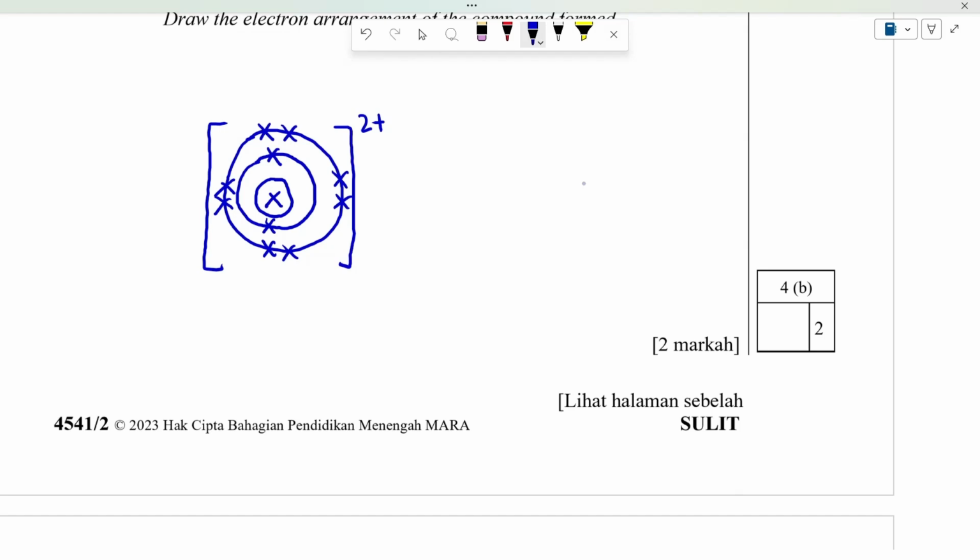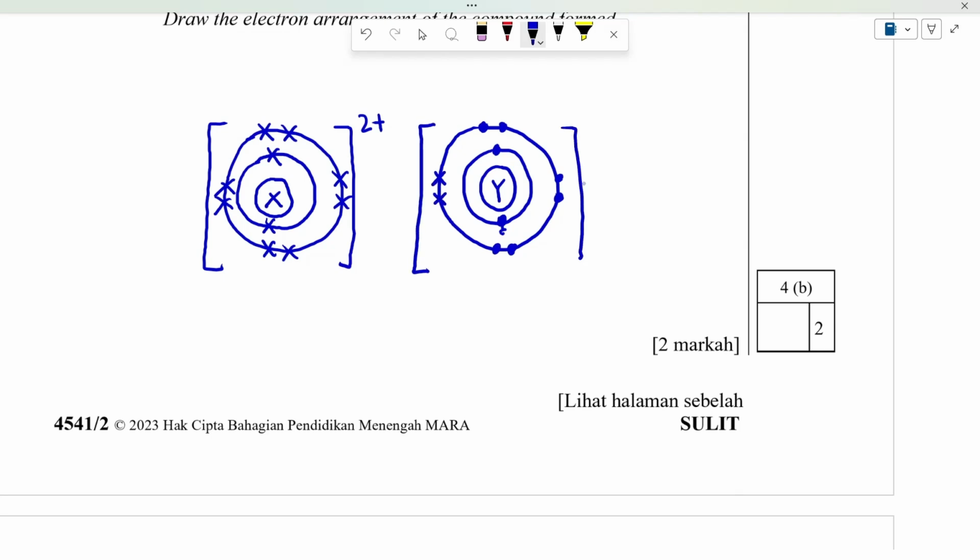Then how about Y? 1, 2, 3, 4, 5, 6. So 2 negative. Get that? So this 2 comes from the X atoms here. The charge must be correct.